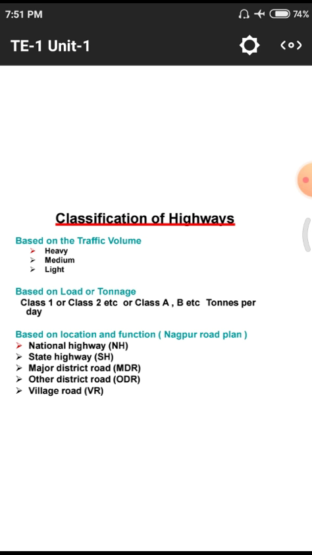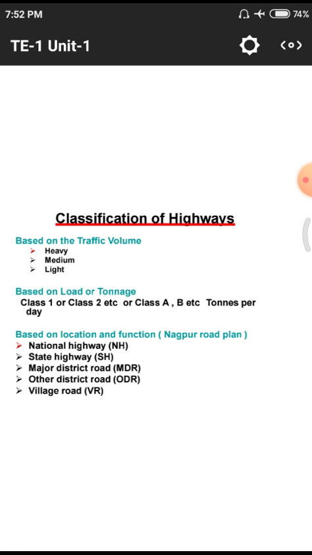For lorries, for suppose Ashok Leyland and others, which are used for transporting goods, the weights are calculated at the bridge weighing balances.